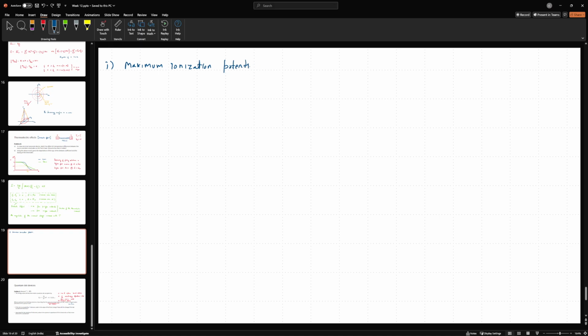So for a maximum ionization potential, I will need transition from lowest energy to the vacuum level.